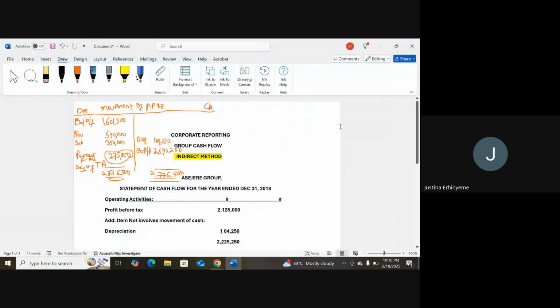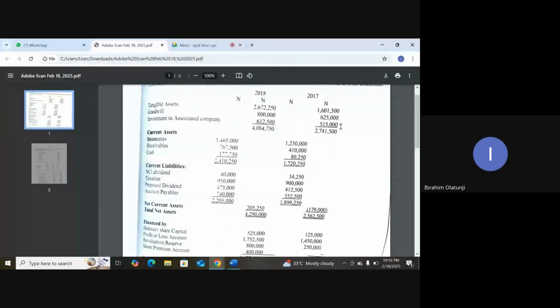This is saying investments in associates. From my understanding, when you say investment, it's what you put in, not the return of it. That's why I said when I explained last time, if you invest your money and acquire a share, your return is dividend received.